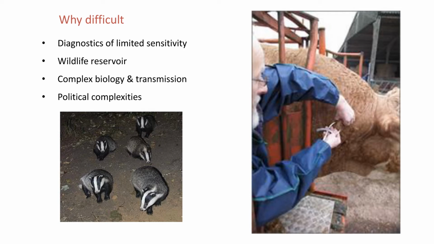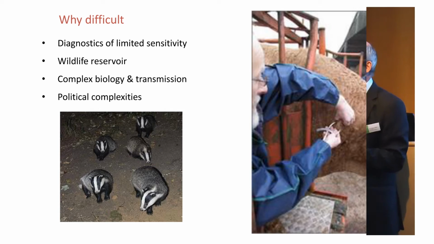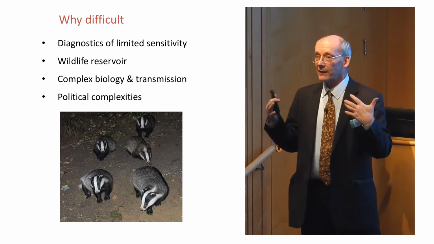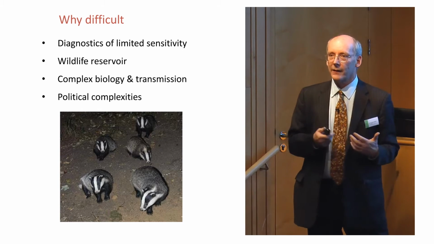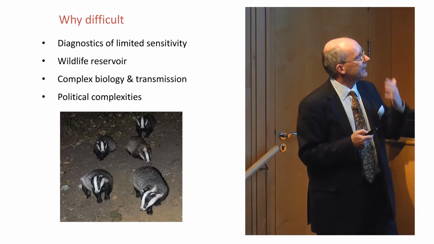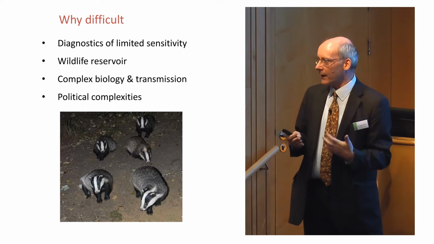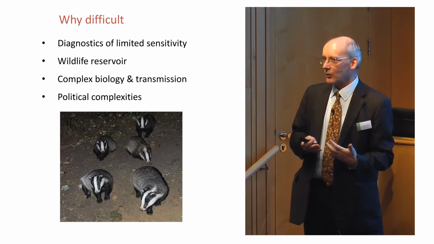So why is bovine TB difficult? Well, the tests for the disease... it's just a difficult disease to detect. It hides away in cells. The tests have limited sensitivity. If you can imagine a harder wildlife disease, you would have a social animal that lived underground and came out at night.